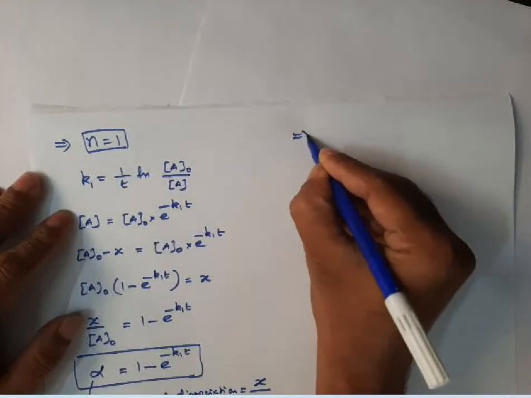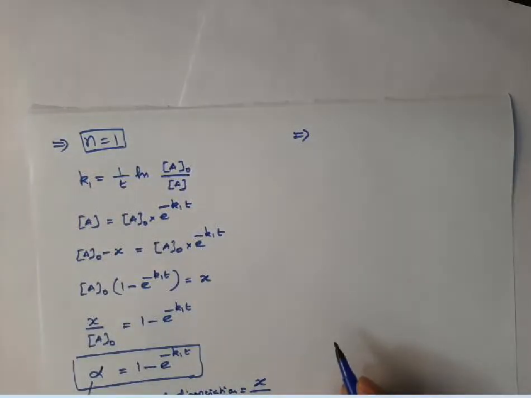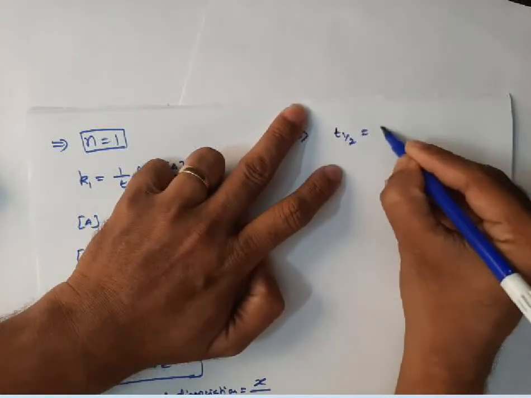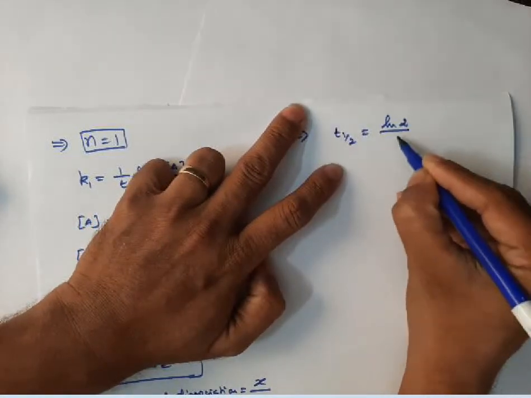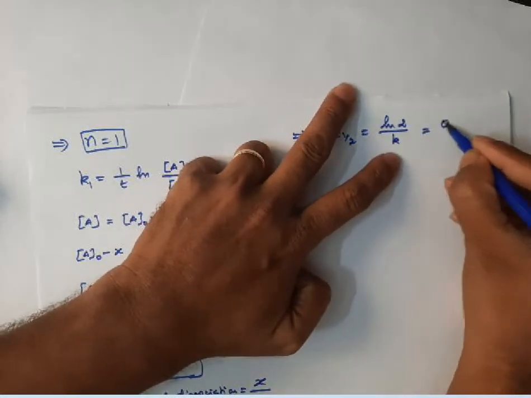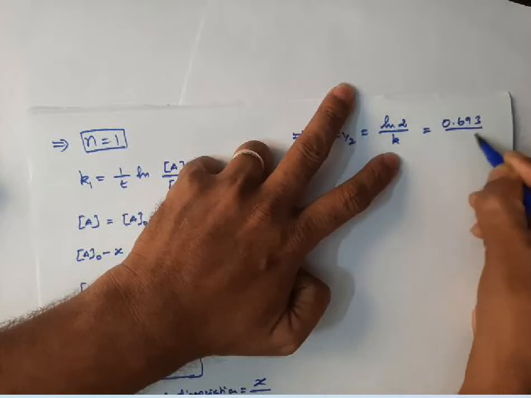Then for first order reaction we should know a few relations, like what is meant by half-life period. I already gave it. Half-life period equals ln 2 by k, or I can also write this as 0.693 by k.